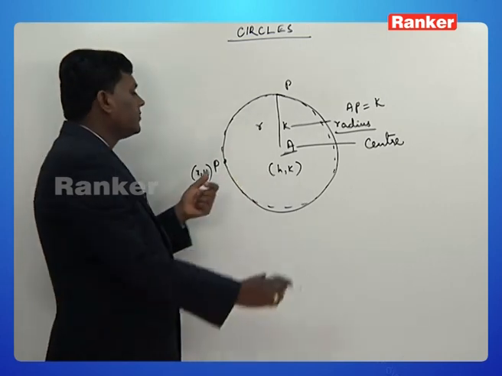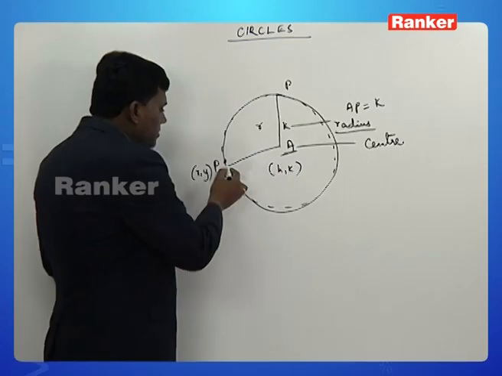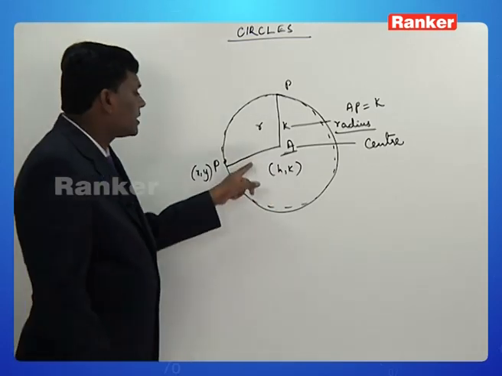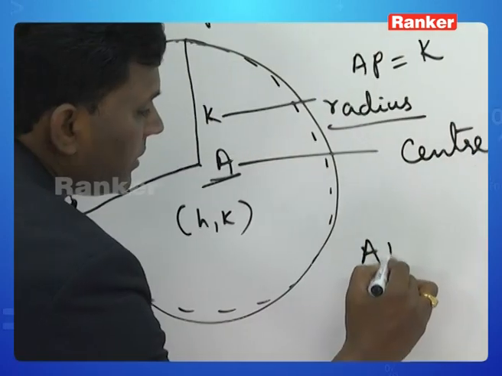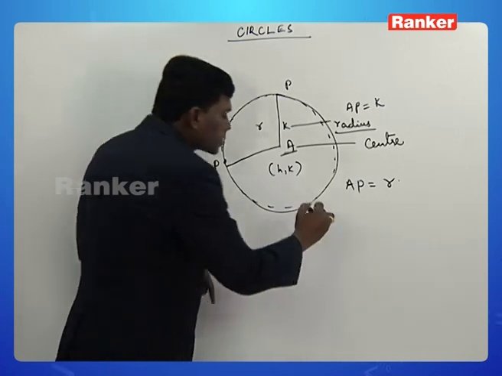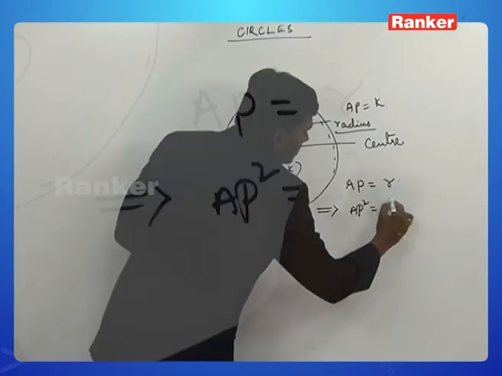Wherever you take the point P, this distance AP is always the constant r. So here mathematically we get the condition AP equals r. On squaring both sides, AP square equals r square.